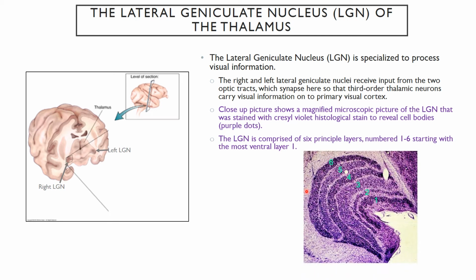This is a close-up of a human lateral geniculate nucleus. The primate or human lateral geniculate nucleus is made up of 6 major layers, and fortunately, neuroscientists have decided to call them 1, 2, 3, 4, 5, 6, with 1 starting at the bottom and 6 out at the outer region.